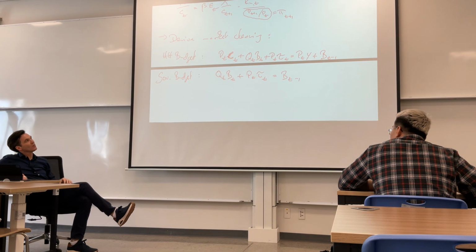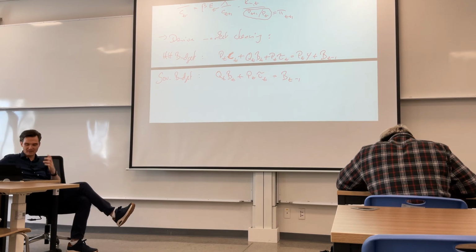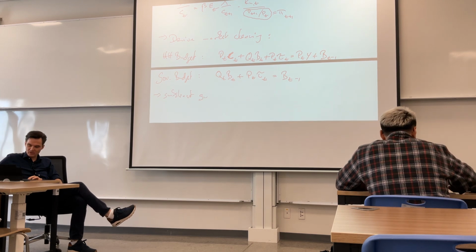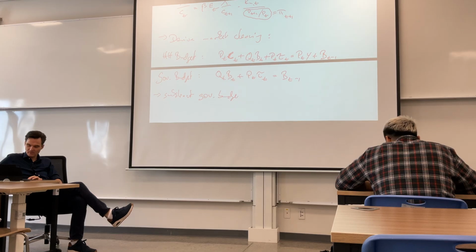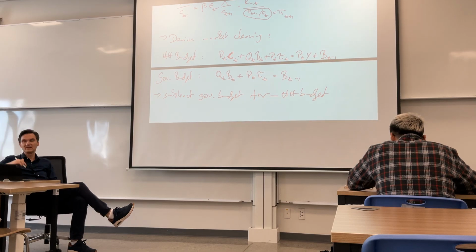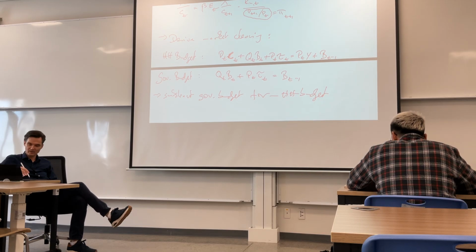The way this works here is by subtracting, since one is the opposite of the other. So we subtract the government budget from the household budget. That's the key idea.